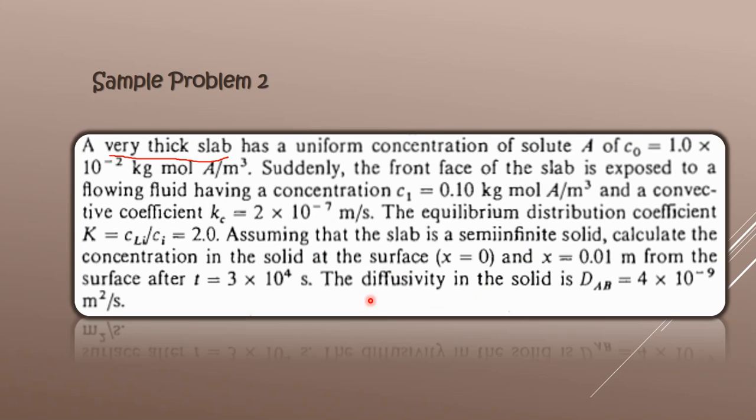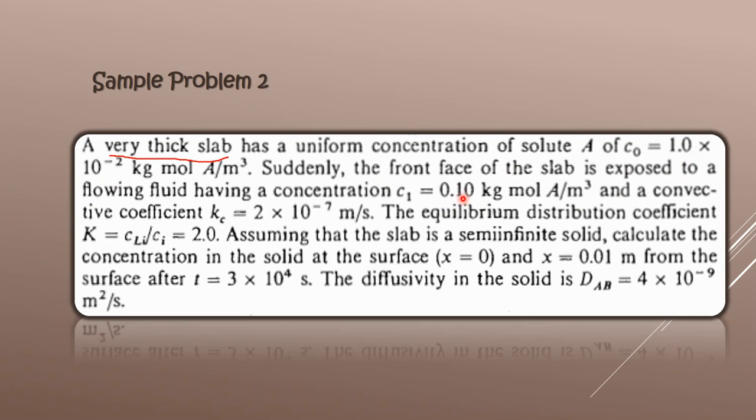So if you look intently at the problem, the initial concentration of the flowing fluid is 0.10 kilomole per cubic meter, whereas that of the very thick slab of uniform concentration is 1 times 10 raised to negative 2 kilomole A per cubic meter. So this one is just 0.01, while this one is 0.1.